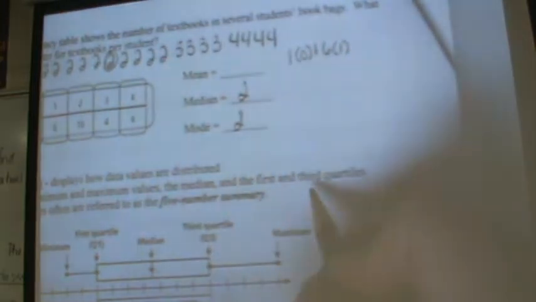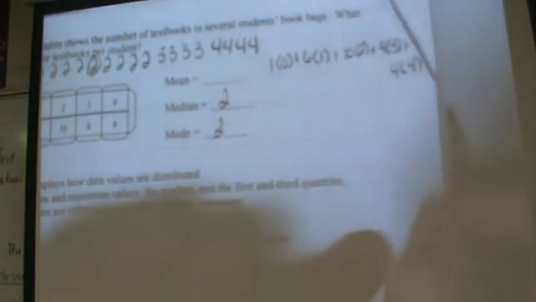We have 1 student that carries 0 books, plus the 6 students that carry the 1 book, plus the 10 students that carry 2 books, plus the 4 students that carry 3, plus the 4 students that carry 4 books.